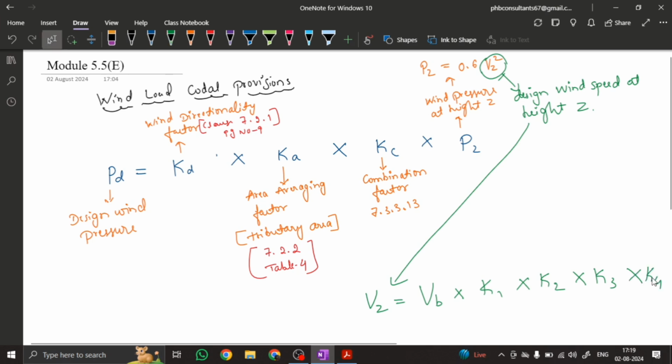This is our formula. VZ means design wind speed at height Z.